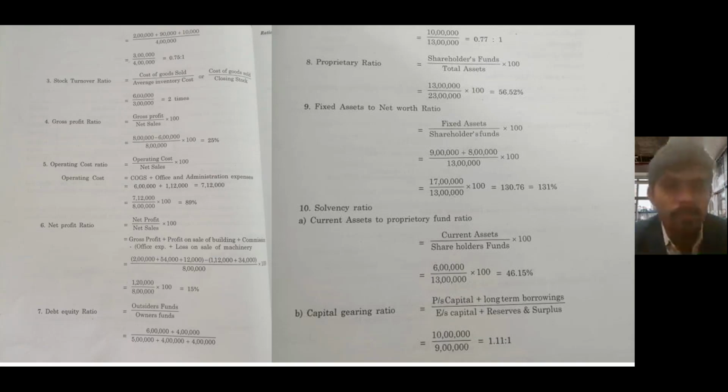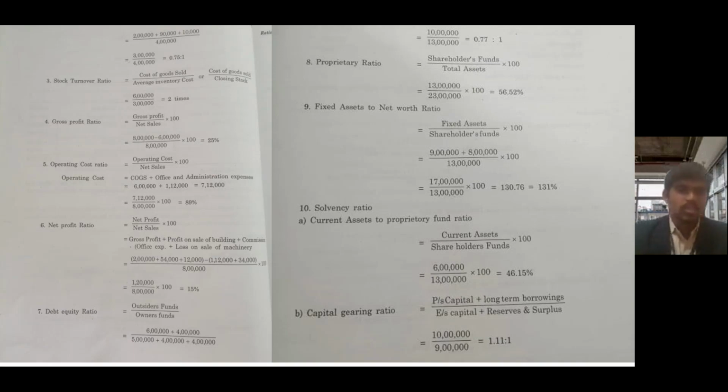Next, the third important ratio they ask us to calculate is the stock turnover ratio. As you can see, the stock turnover ratio tells about the cost of goods sold. The formula is cost of goods sold divided by average inventory cost, or else cost of goods sold divided by closing stock.